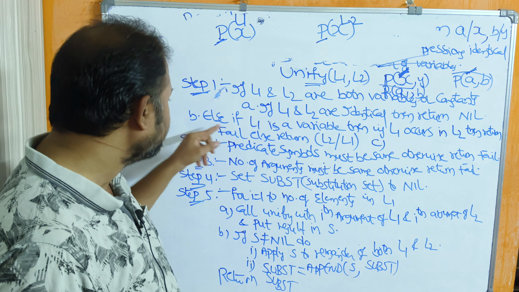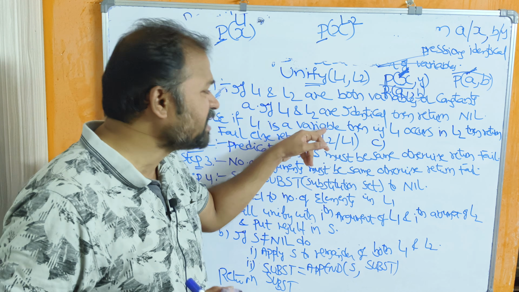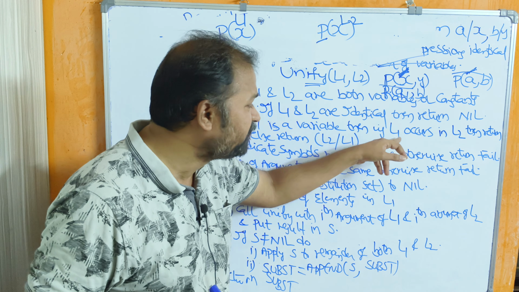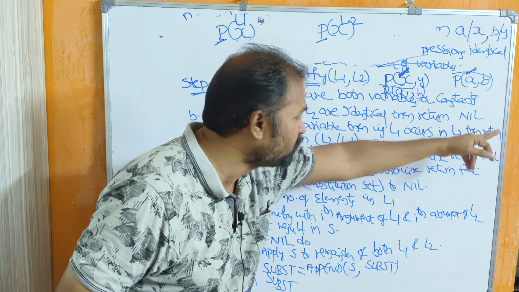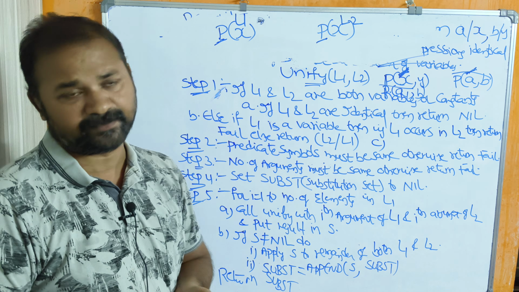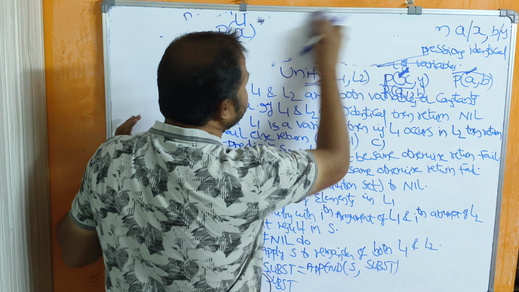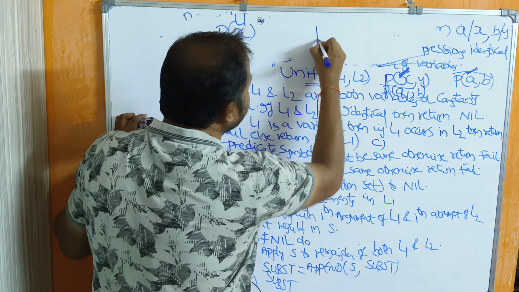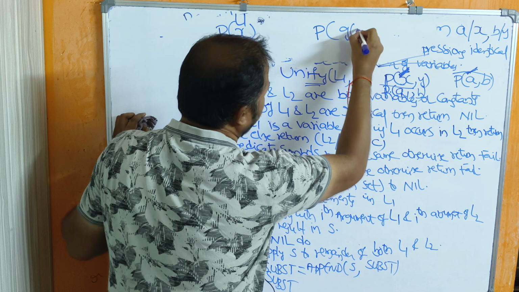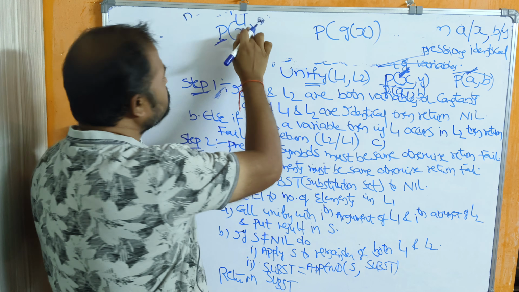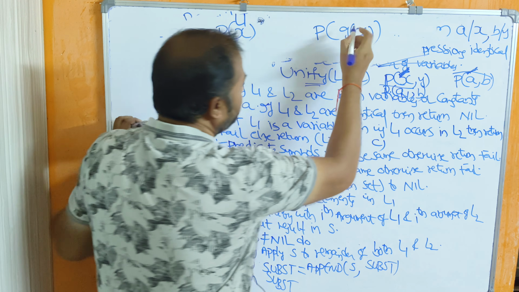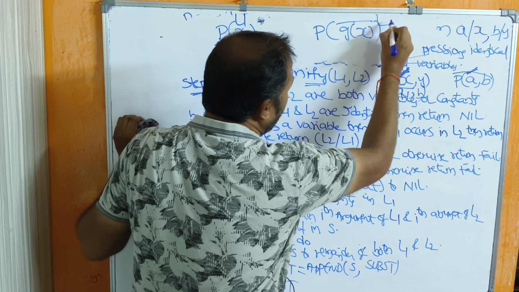Next, step 1b: else if L1 is a variable, then if L1 occurs in L2, return fail. Let the first predicate be P of x, and the second predicate be P of g of x. Here L1 is x and L2 is g of x.